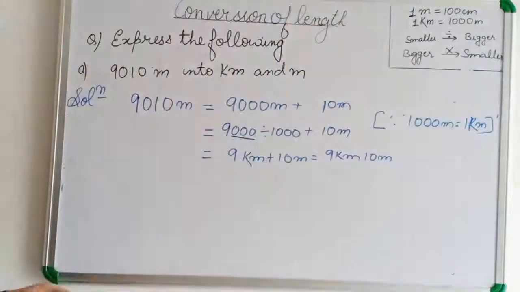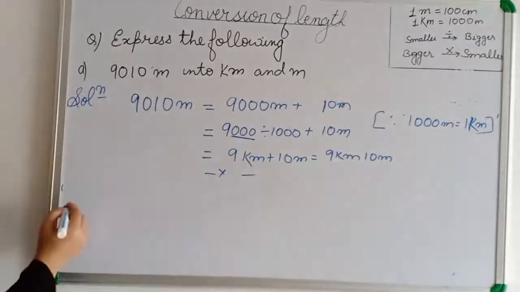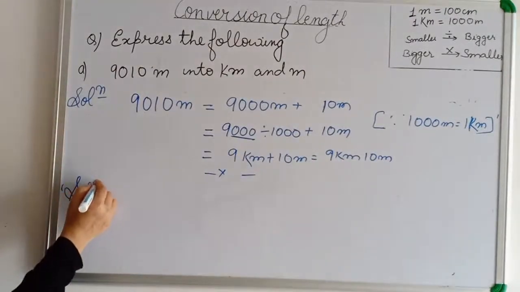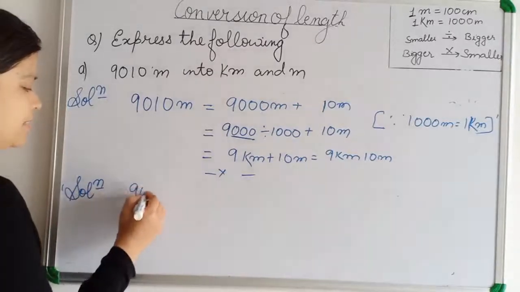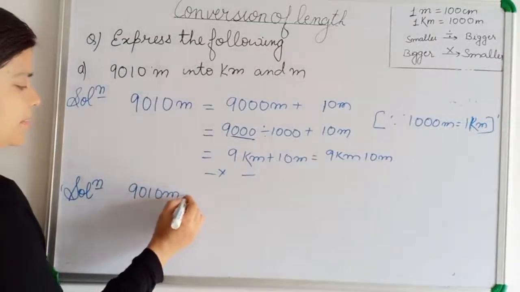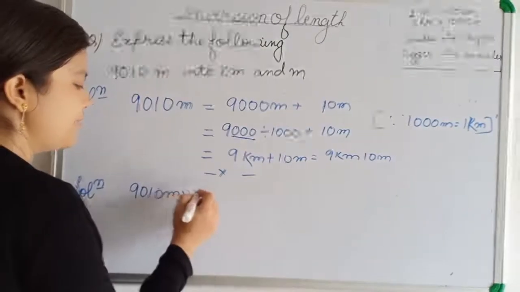Okay. Now another way, simply we go for the long division method only. You can see here. When we have to convert into a bigger unit, we have to divide by 1000.